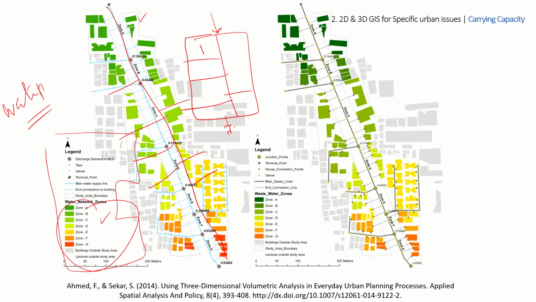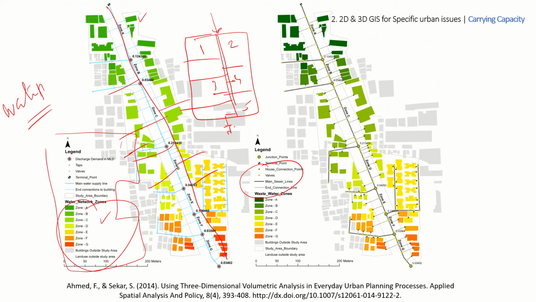First they create zones, zone 1, zone 2, zone 3, zone 4, and the intensity of velocity of water is calculated for specific zones, and accordingly the size of the sewer lines are determined, and then connections are given.